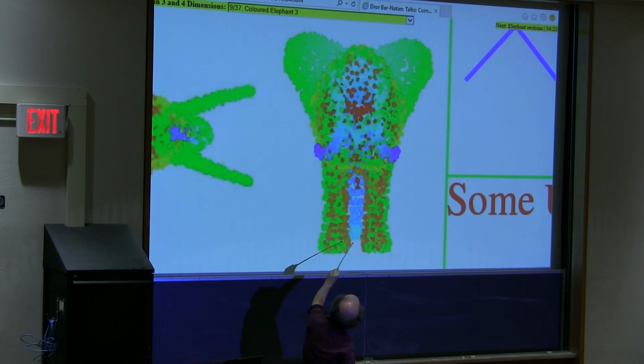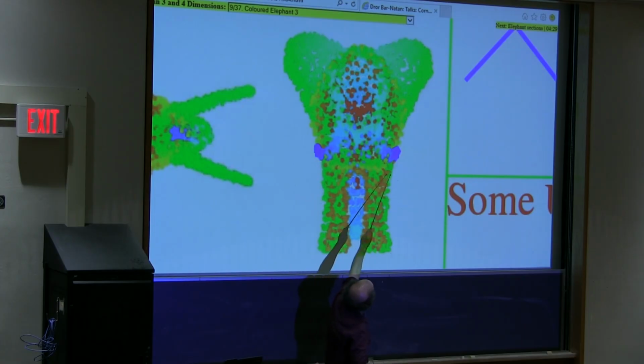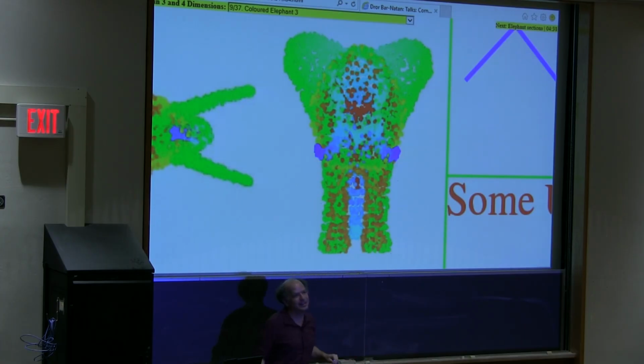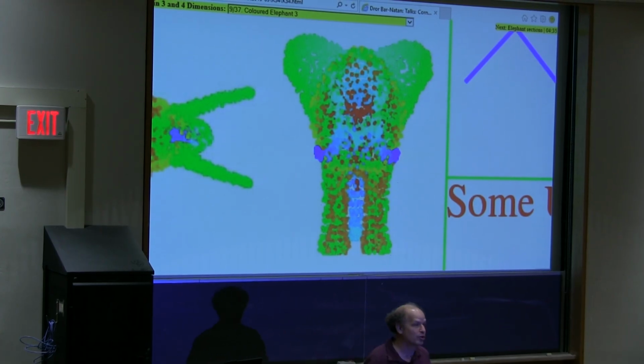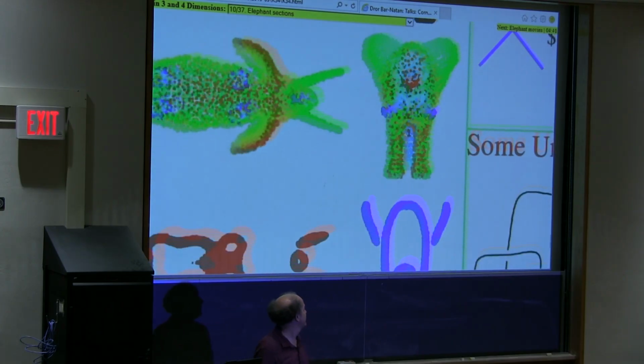And I can tell that it has a tail or a trunk? Trunk, because it's far away from me, and it's the same color as the tusks. So I can tell quite a lot about the elephant using this thermographic projection, where you denote distances by temperature and temperature by color.